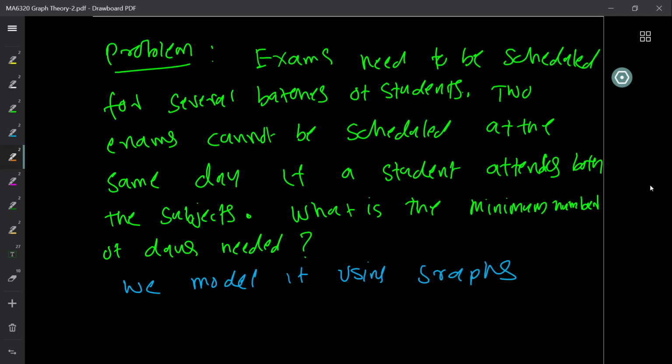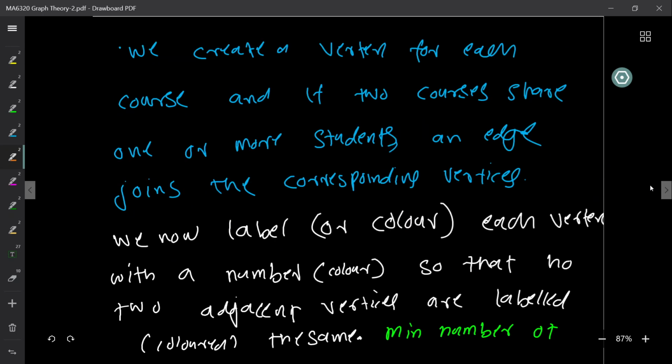Well, for each course we can say that we have a vertex, and if two courses share a student, then we say there is an edge connecting these two vertices. So if there are some students common to two courses, then we connect them with an edge.